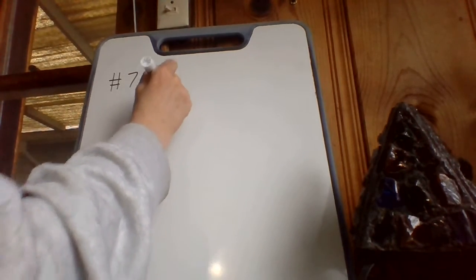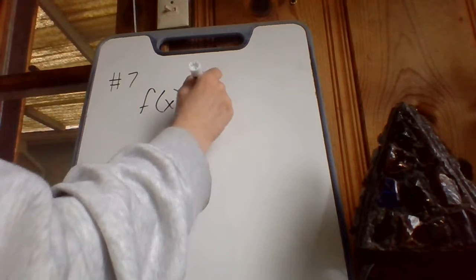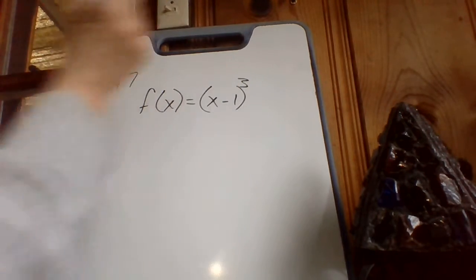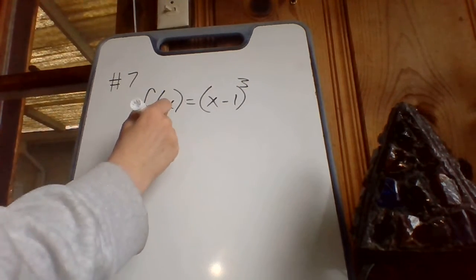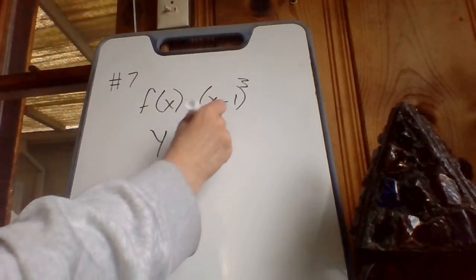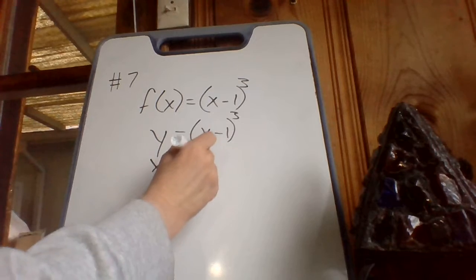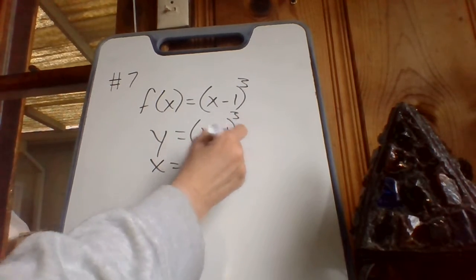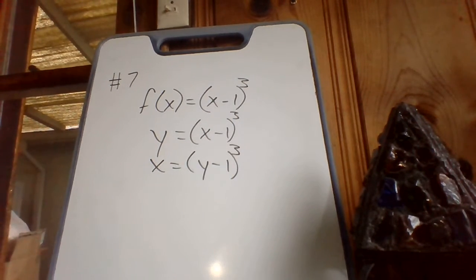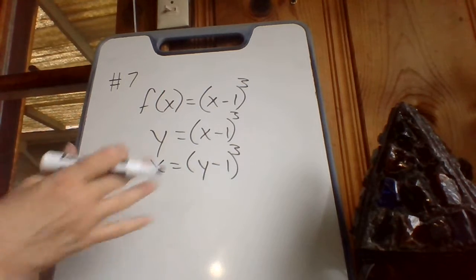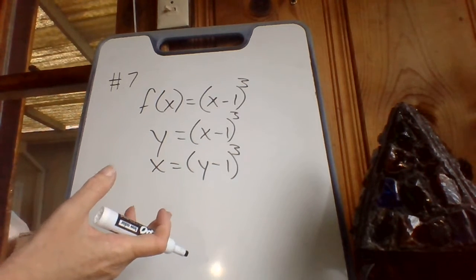All right, so x minus 1 cubed. Write y equals. Switch out x and y. Now I got to get the y by itself, and the very first thing on the complete outside that I see is cube.